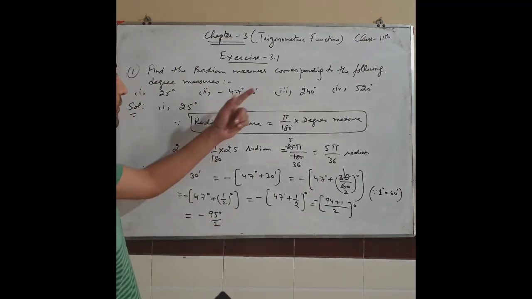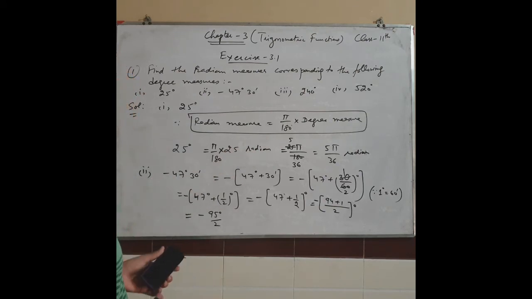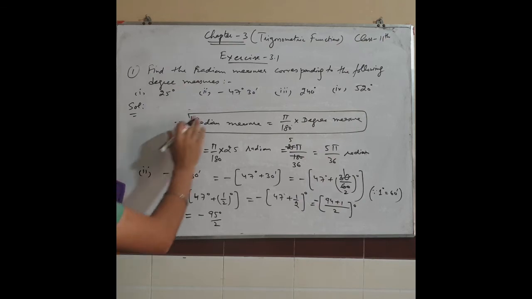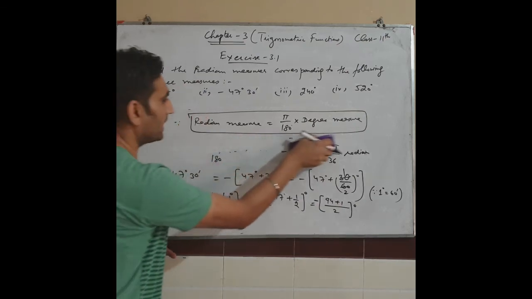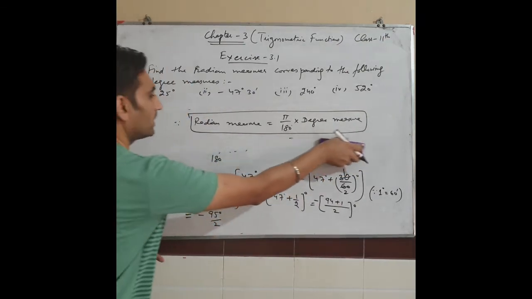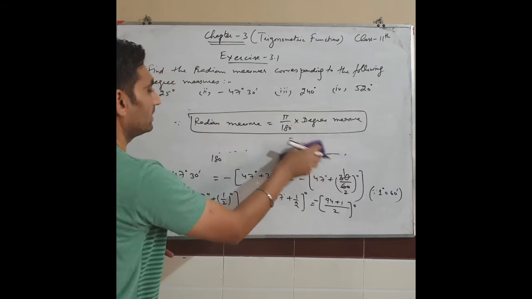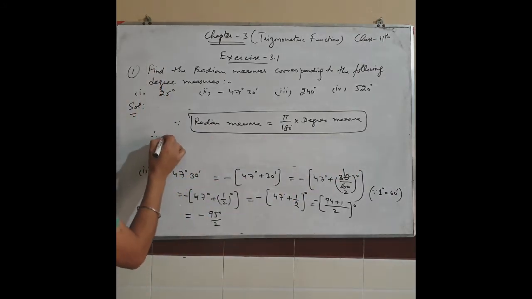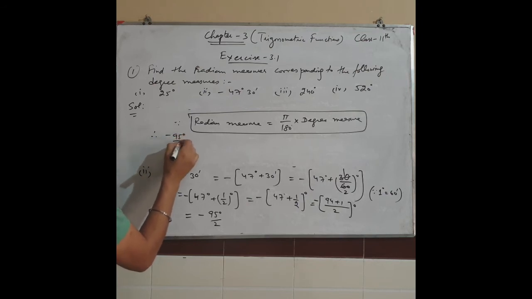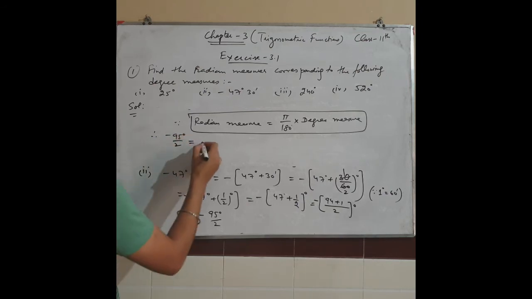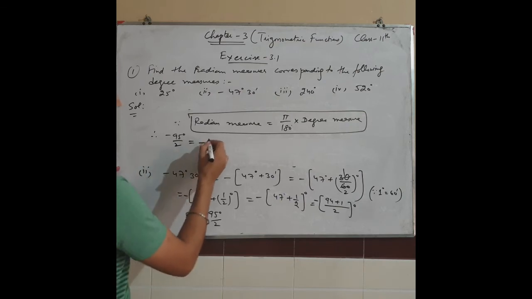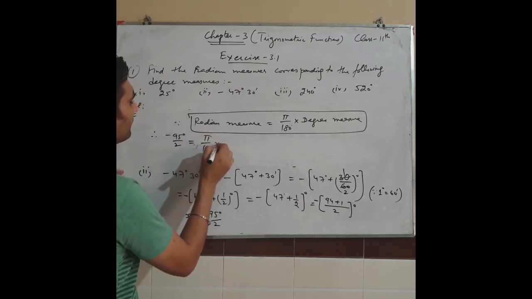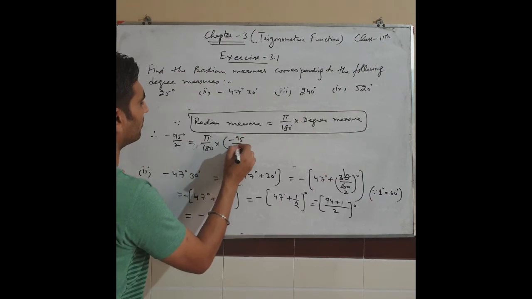Now we have to go further for radian measure. So I will erase this part and calculate the answer. So this is the formula. Now we will write the answer here. So our minus 95 degree over 2 with the negative sign can be written as pi over 180 into minus 95 over 2.